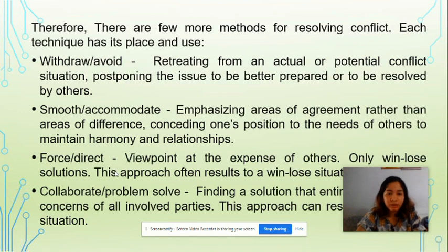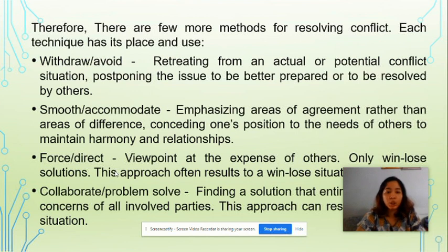Then the subsequent bullet, force or direct, means pushing one viewpoint at the expense of others, only a win-lose solution. This approach often results in a win-lose situation.